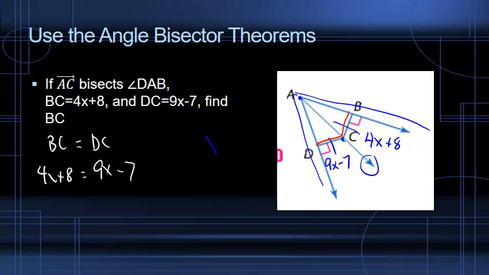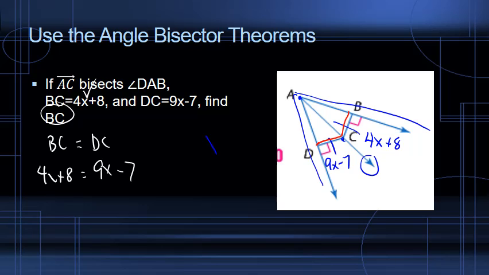Well, we need to solve for x so that we can find BC. We'll substitute what value we find for x into this equation right here, and that should give us the measure of BC.